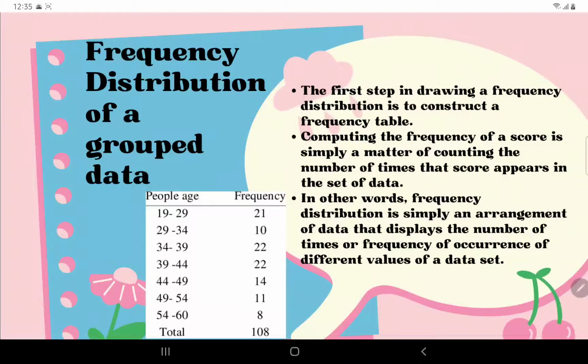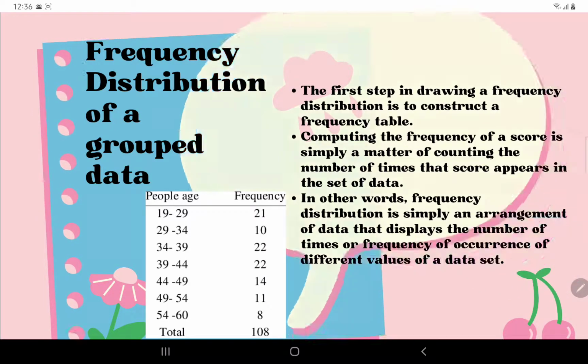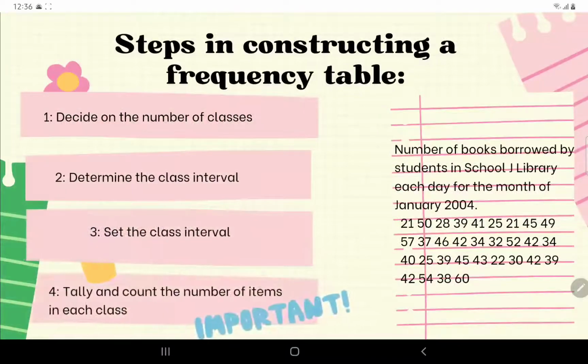Okay, the next one is the frequency distribution of grouped data. These are the steps in constructing a frequency table for grouped data.